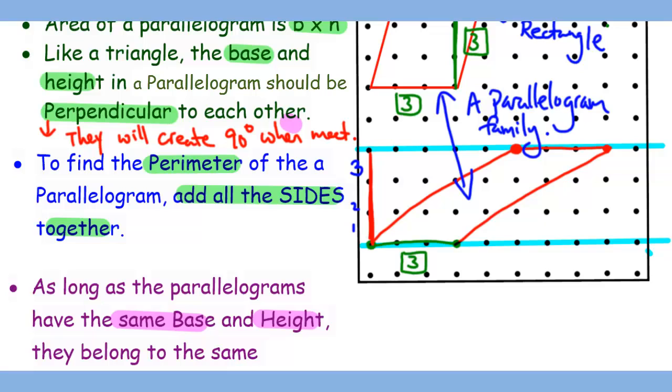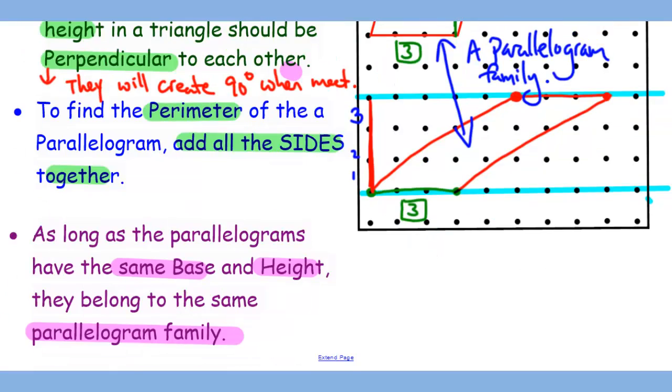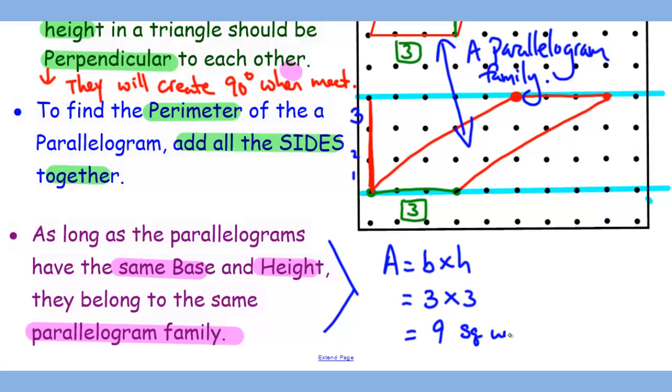Now, if they belong to the same family, like the triangle family, they should have the same area as well, because area is base times height, and both have a base of 3 and a height of 3. Both of them will have 9 square units as their area.